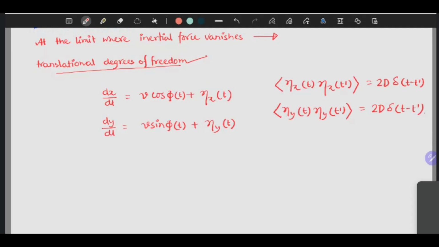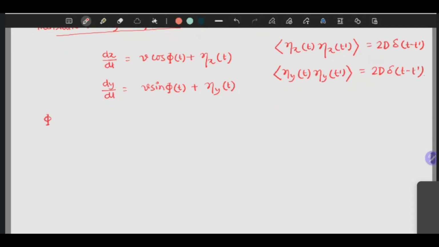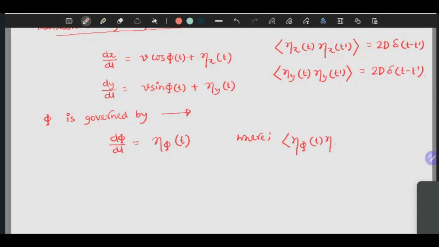And phi is governed by free Brownian motion in this degree of freedom. So this will be d phi/dt = eta_phi(t), where eta_phi(t) eta_phi(t') is 2 D_r delta(t - t').